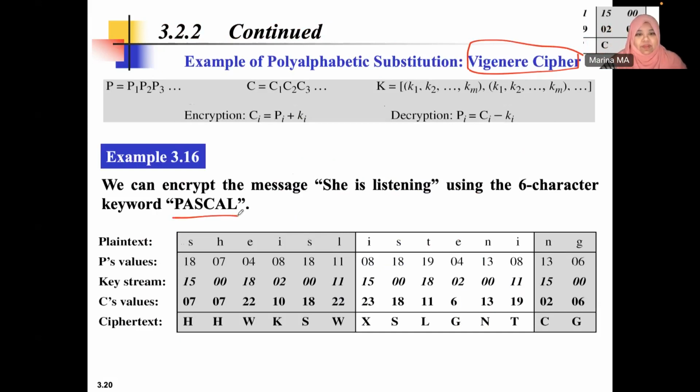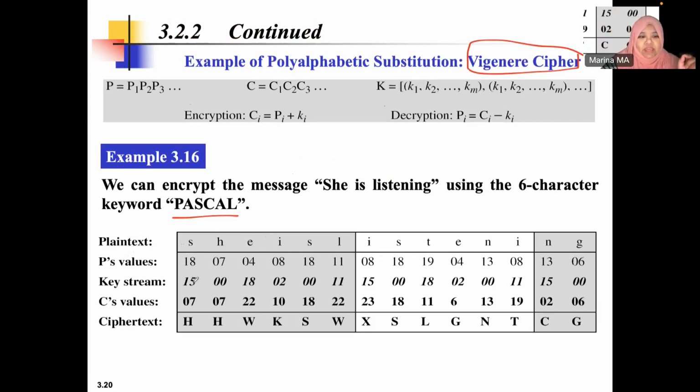What you do is, first, you write the plain text, she is listening. And then you find the value for each alphabet. So S is 18, H is 7, E is 4. You do that first. And then your key is Pascal. You put down Pascal and match it with the plain text.